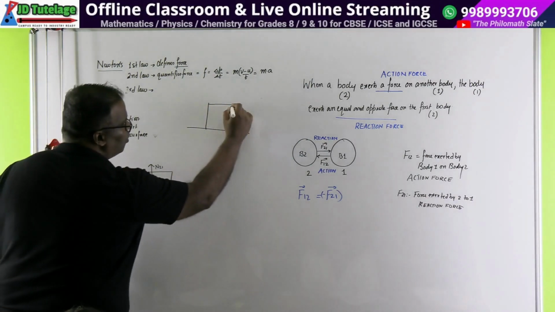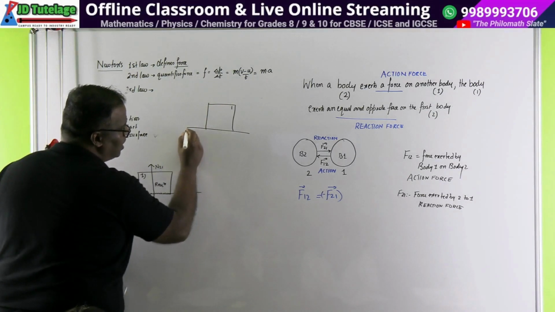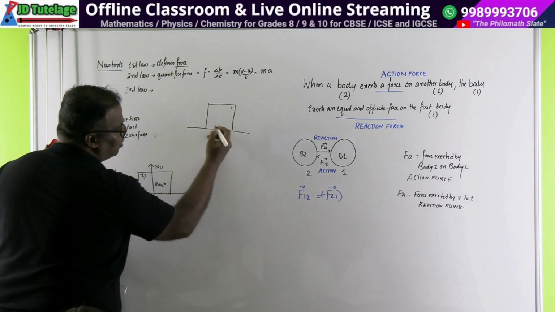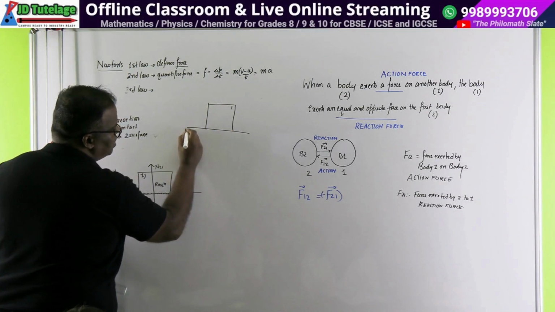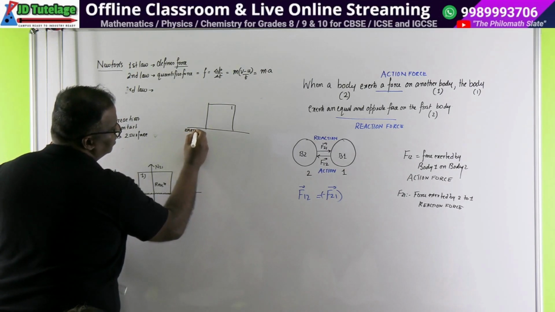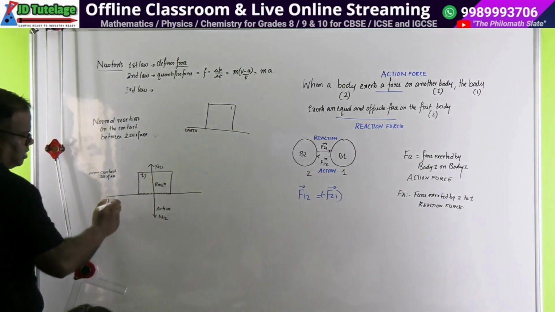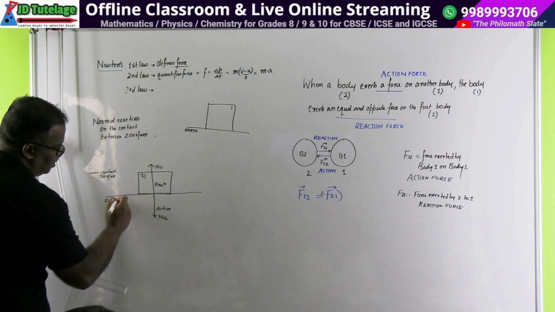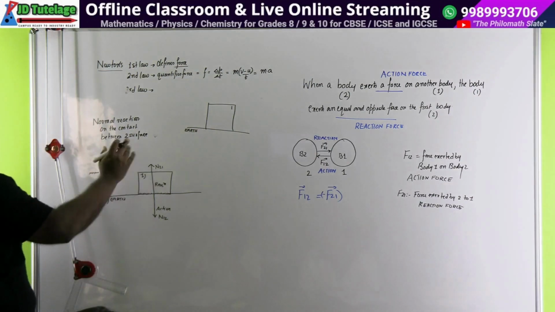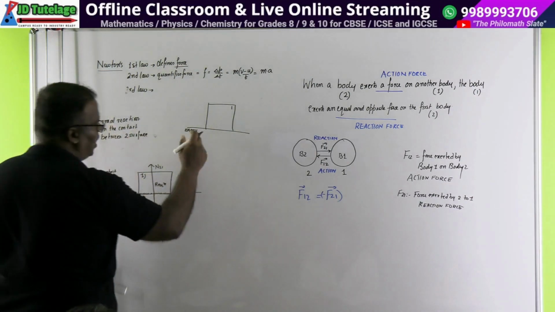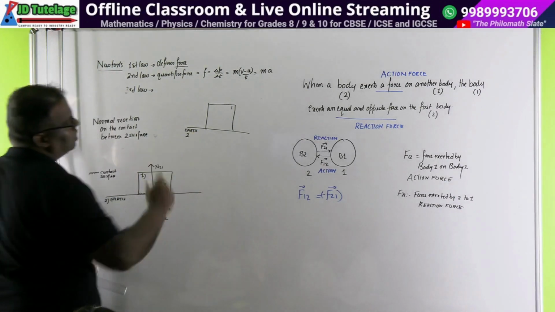Now this is body 1, and right now I'm no more interested in the contact surface, but this is my earth. Let's say this is earth. Here also let's say this is earth. So there is action reaction also happening between the body and earth. Now this is body 1 and this is body 2.